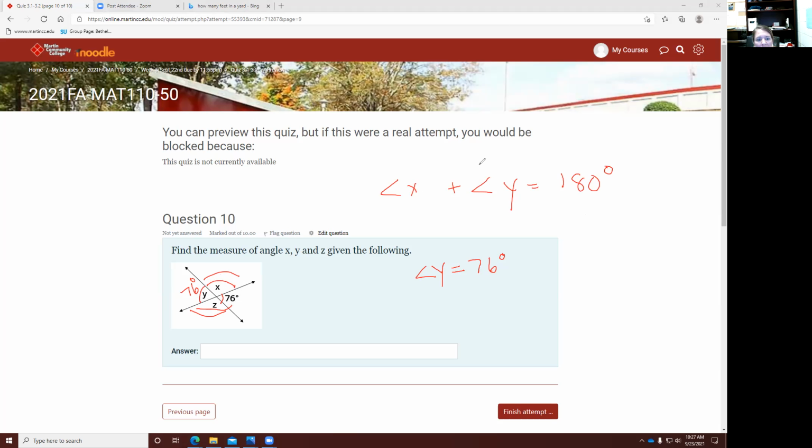Well, if I know y is 76 degrees, you can take 180 and subtract 76 from it. 180 minus 76 is going to give you 104. And since I know that x is 104, then I know that z is also 104 because they are vertical angles. And we know that vertical angles are the same.